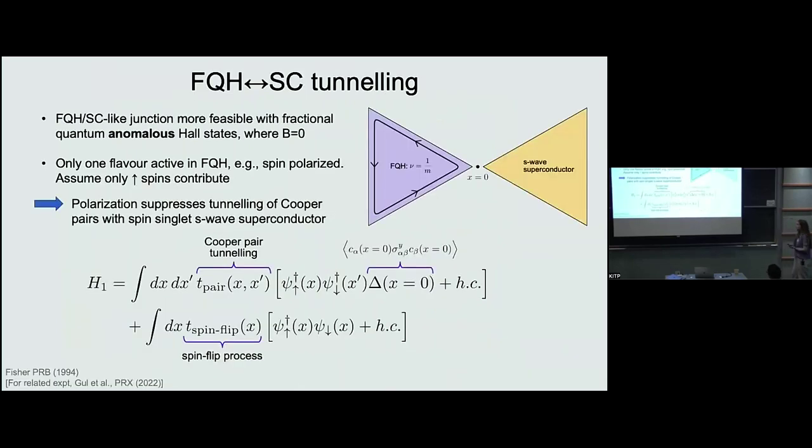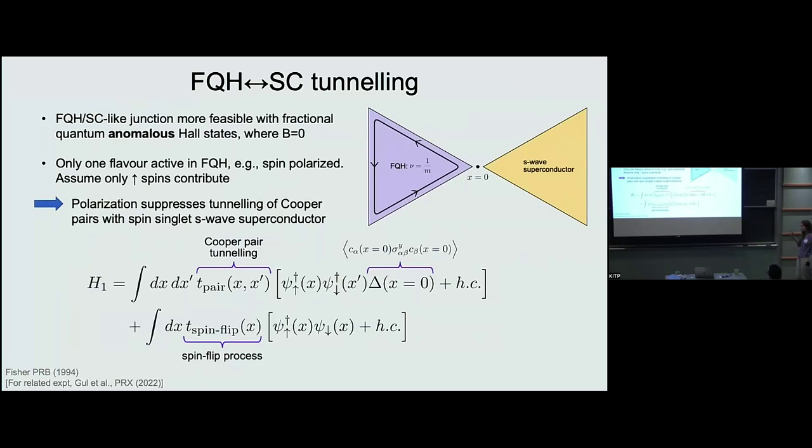So now let's consider what can be done with a superconductor. As I said, this is definitely more feasible, that we actually have these anomalous Hall states, so we don't need to worry about killing our superconductor. I mean, you could still consider doing this with an actual fractional quantum Hall state as opposed to fractional quantum anomalous Hall.